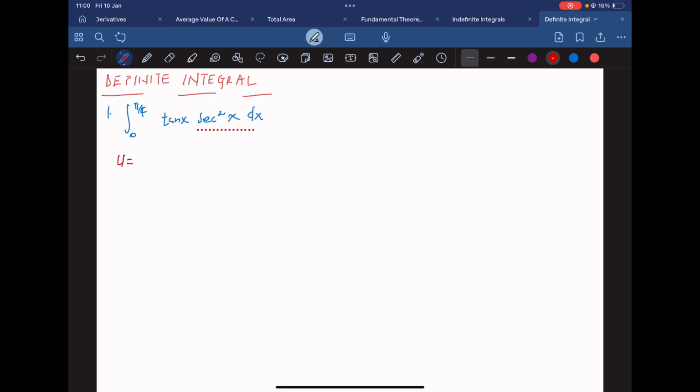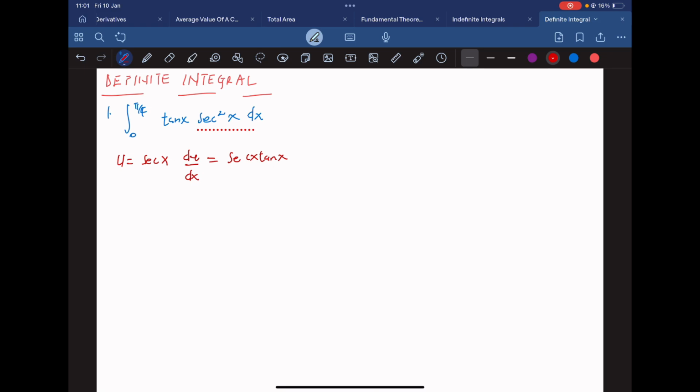So in this case, we have u equal to secant of x, right? We ignore the square. If we differentiate u with respect to x, we get secant of x tangent of x, right?